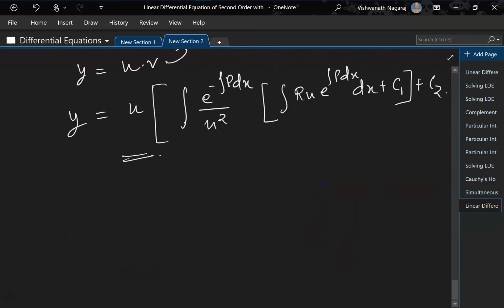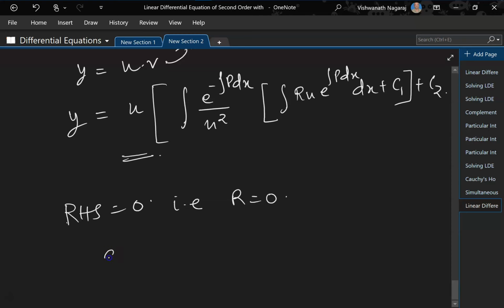This is the complete solution. Now there might be a case where the RHS is equal to 0, that is r is equal to 0. In that case, what happens? The solution becomes much more simplified.